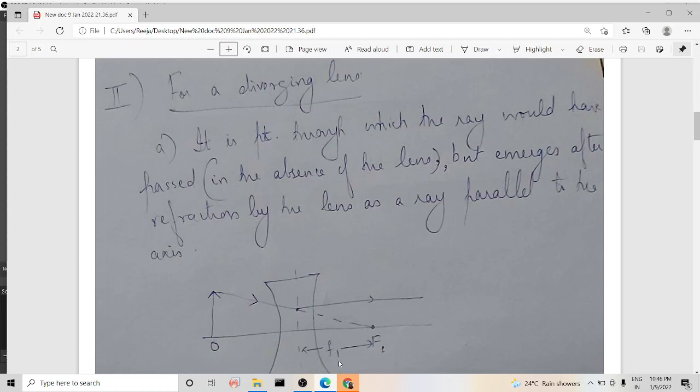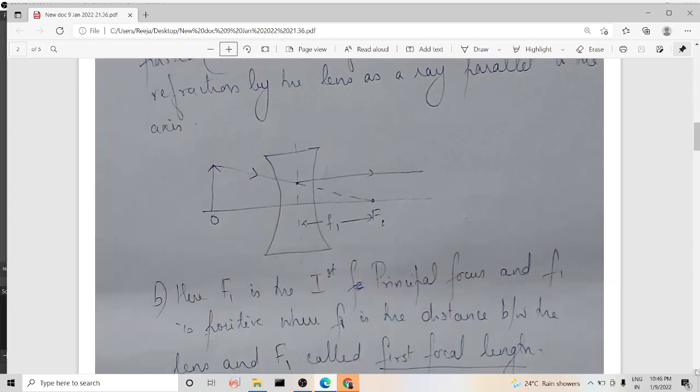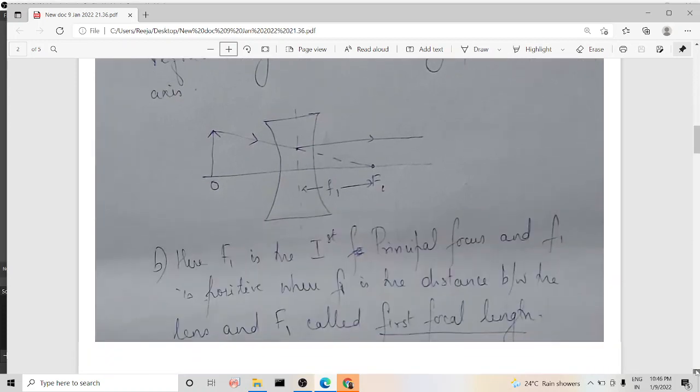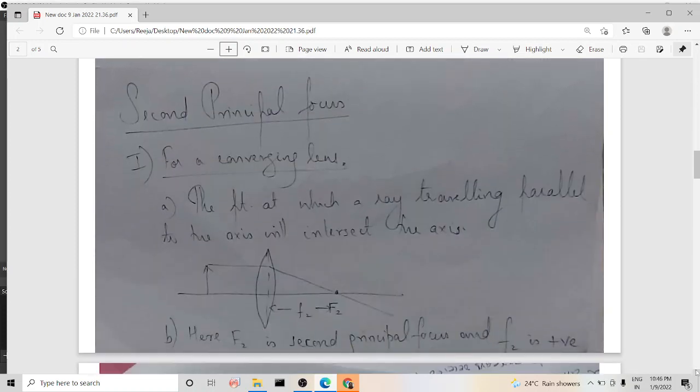But the difference is, for a diverging lens, the first focal length is positive, because the object is on the left, distances on the left are considered negative and those to the right are considered positive. So I hope the first principal focus and first focal length are clear to all of you for both converging as well as diverging lenses. Now what is the second principal focus?